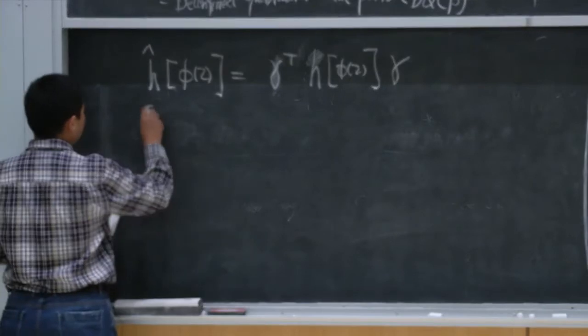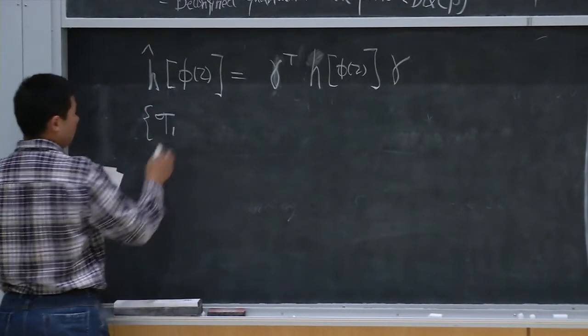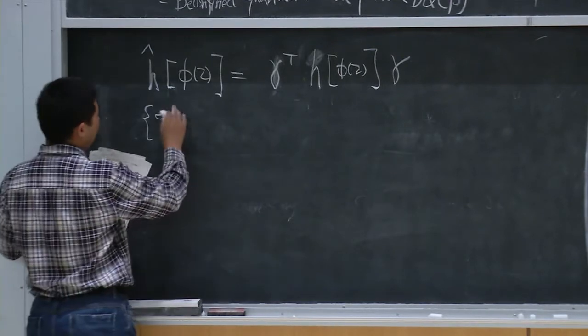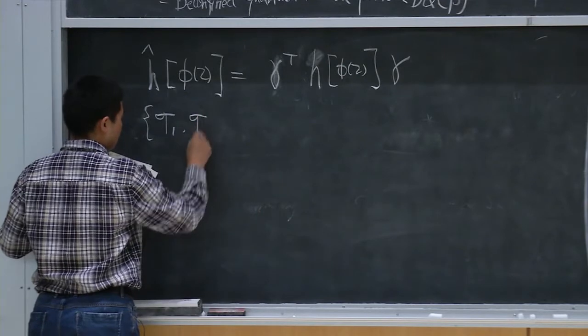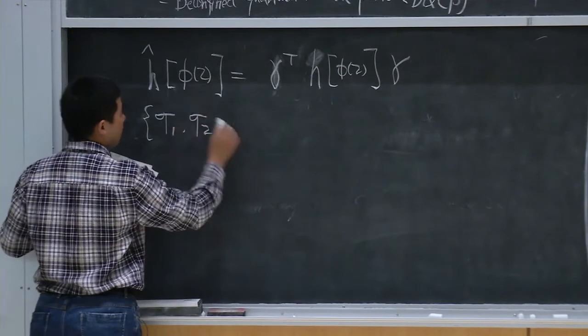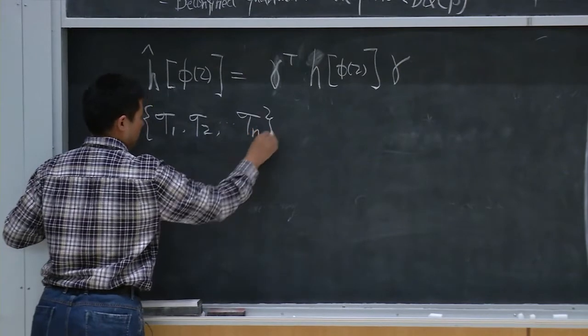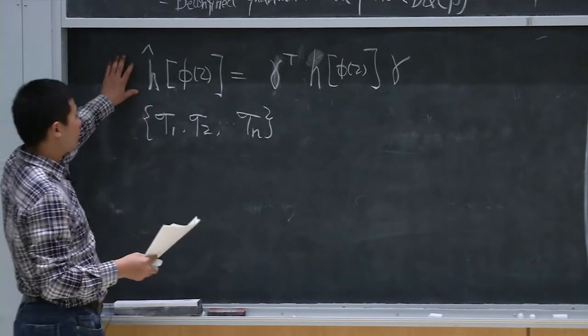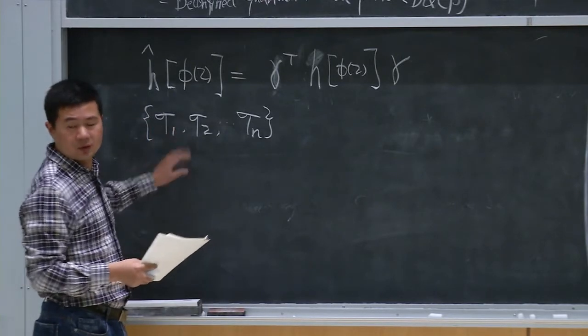So we can use this classification scheme. We ask how many time-reversal or anti-unitary symmetries are respected by this H. For instance, this Hamiltonian H respects n anti-unitary symmetries.